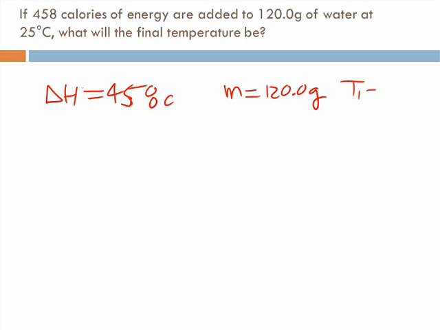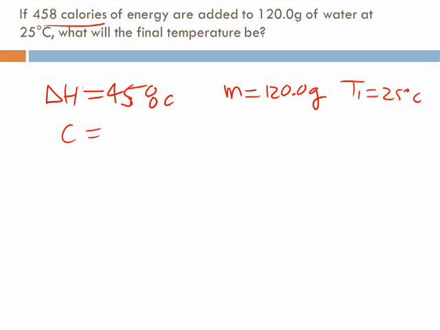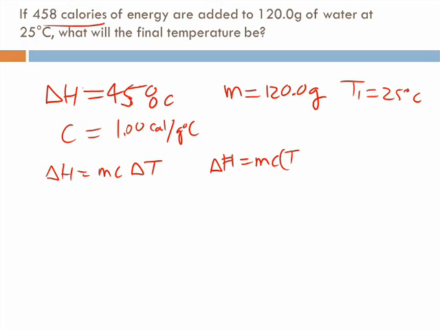T1 equals 25 degrees Celsius. And we're using calories, so our specific heat capacity can just be 1, which makes everything nice and easy. So really, we're just going to have to solve for T2. We have delta H equals mc delta T, so delta H equals mc times T2 minus T1.